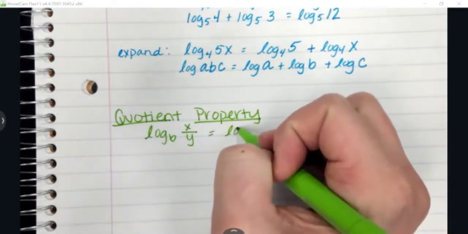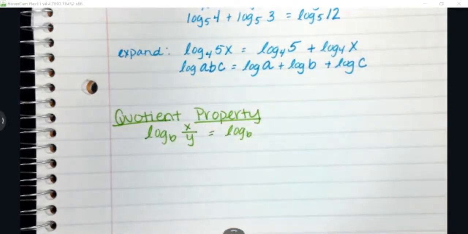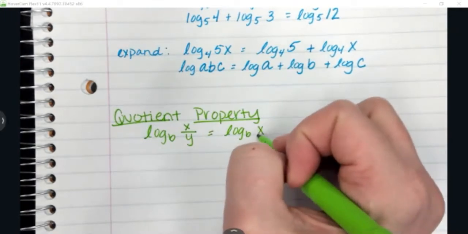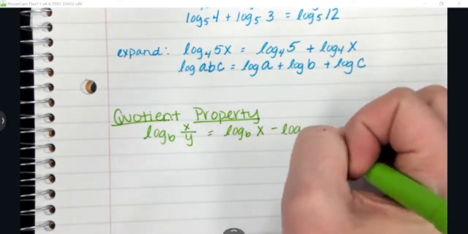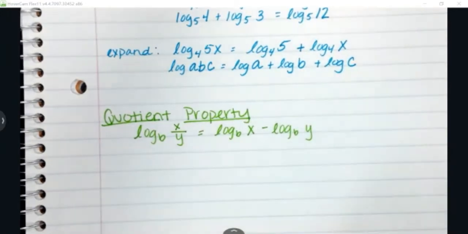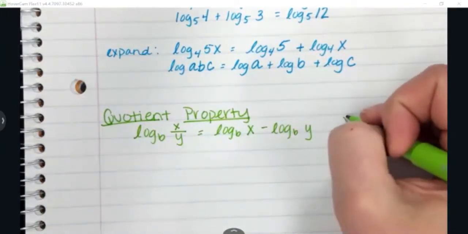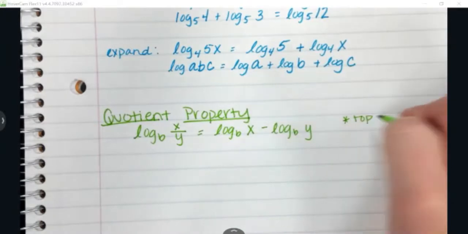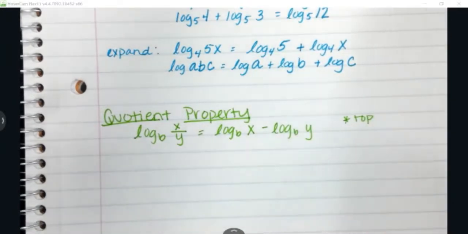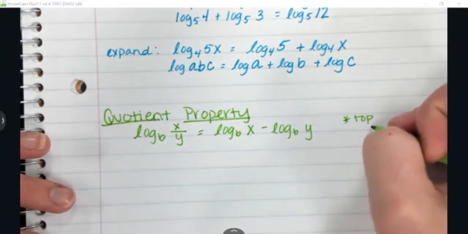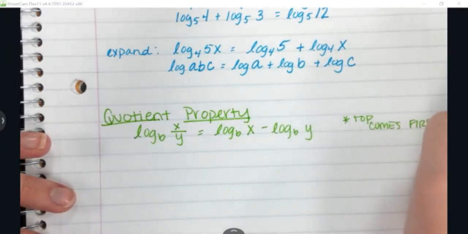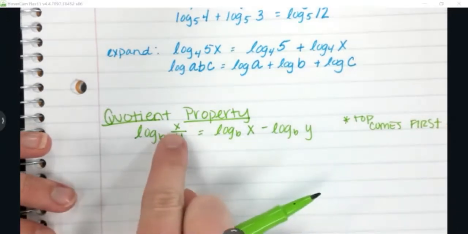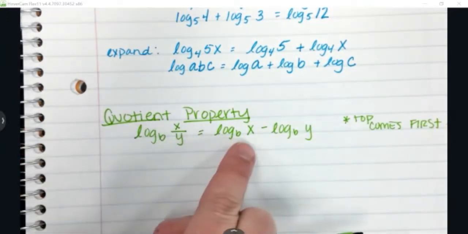So it will be log base b of x minus log base b of y. The top number, letter, term, whatever you want to say, the top one comes first in my log. So the x was on top, the x has to be the first term.